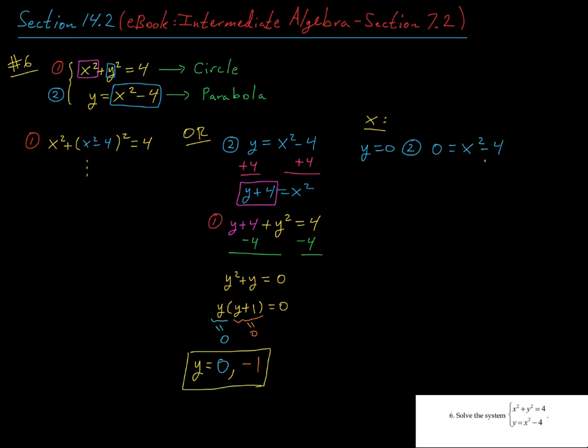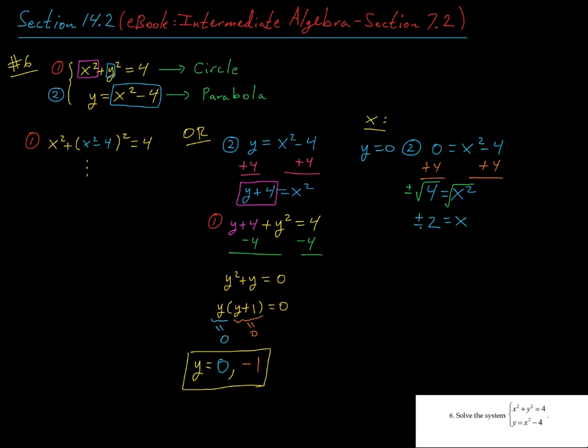So let's add 4 to both sides. And so 4 is equal to x squared. And so let's take square roots and get a plus or minus there. So yeah, plus or minus 2 is equal to x.